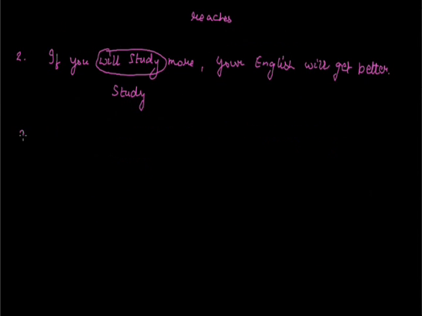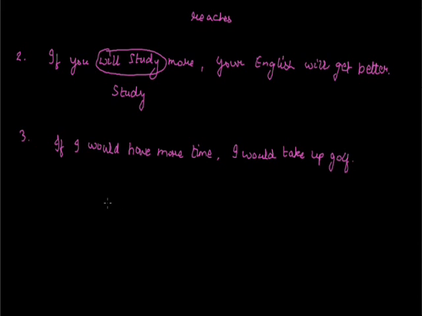Next sentence is, if I would have more time, I would take up golf. So if I would have more time, I will take up golf. This sentence is of the second condition, that is the imaginary condition.